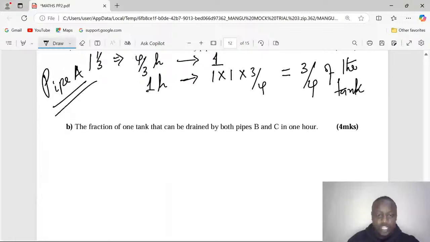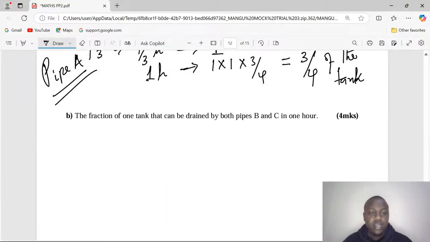In the second case, we are told to find the fraction of one tank that can be drained by both pipes B and C in 1 hour.